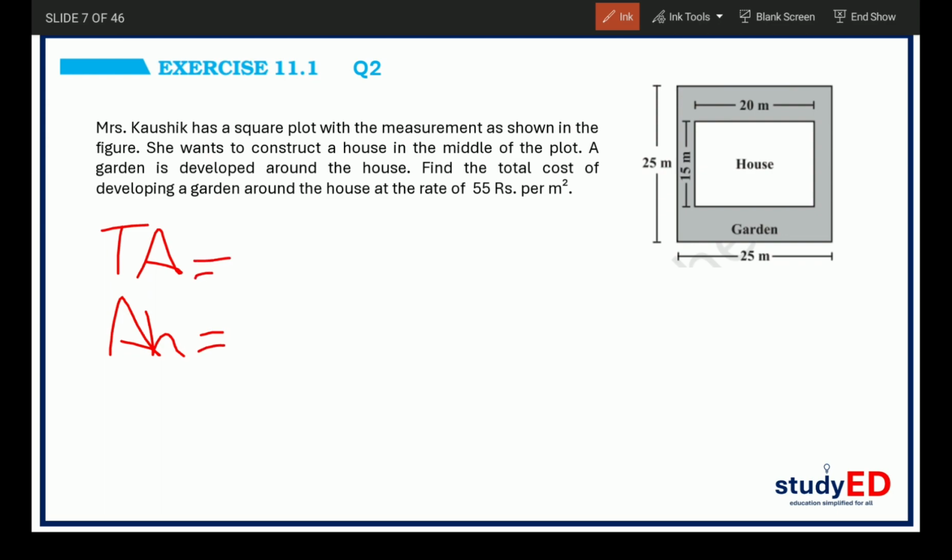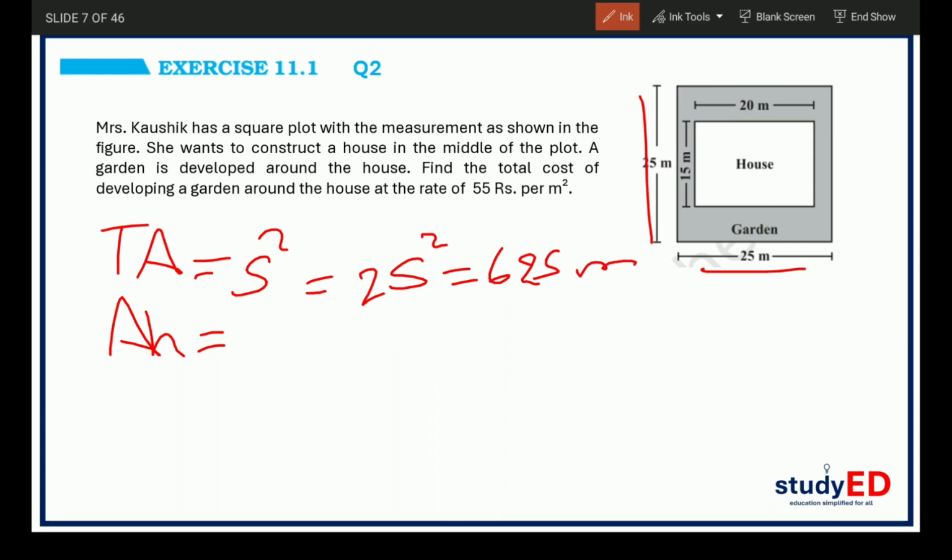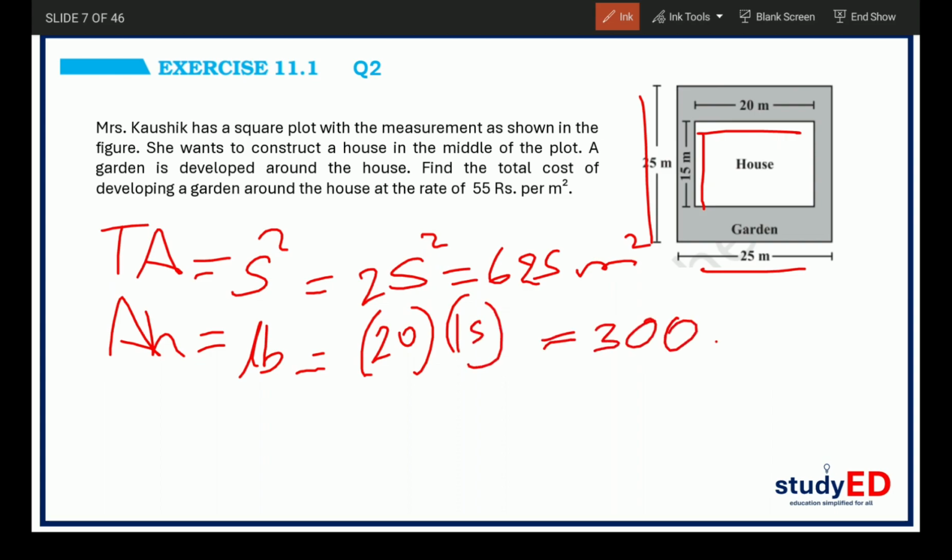Total area, as you can see, is a square, 25 into 25. And since it's s square, it's 25 square or 625 meters square. And now the area of the house. It's a rectangle with length 20 and breadth 15. So using lb, it's going to be 20 into 15, which gives us 300 meters square.